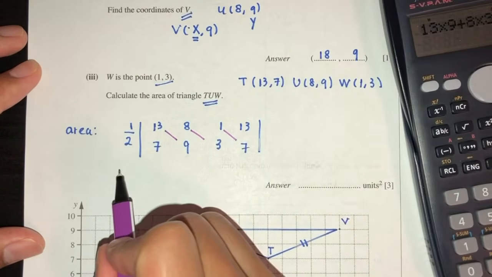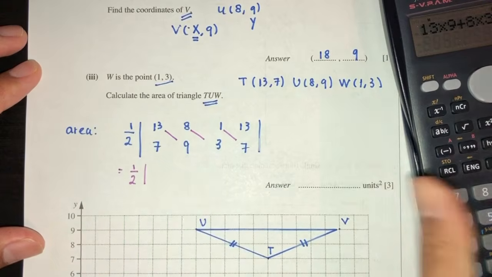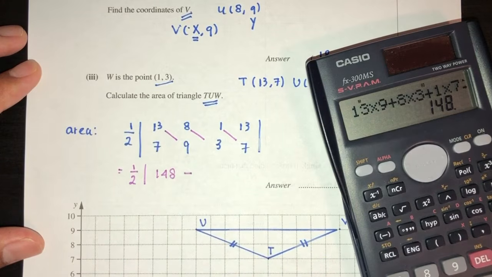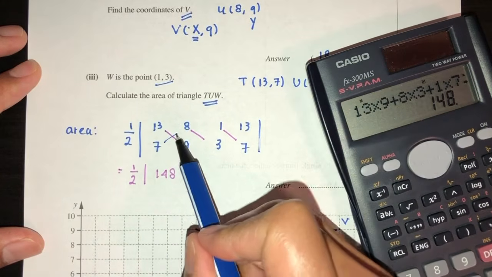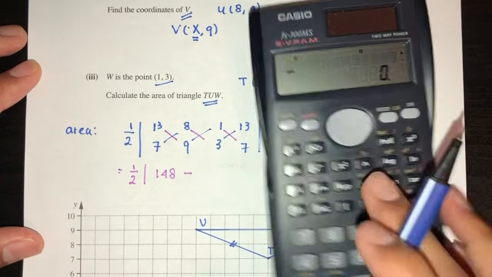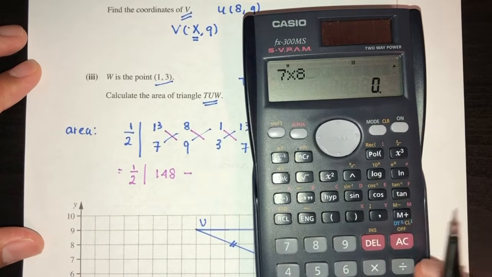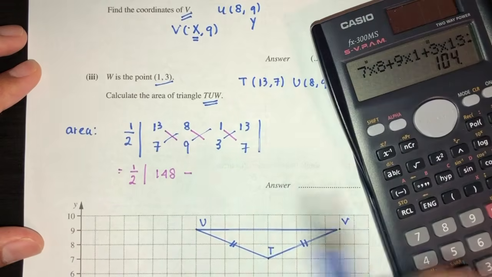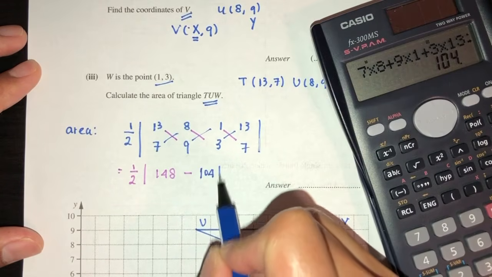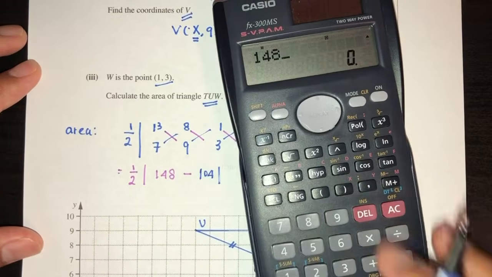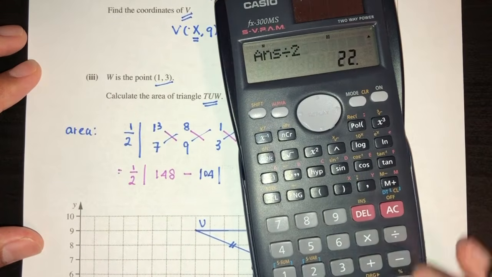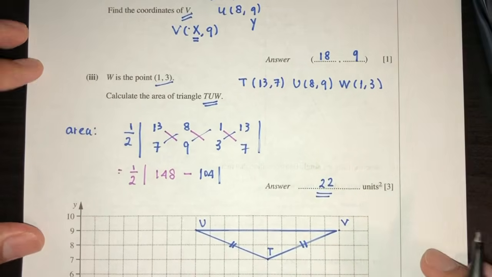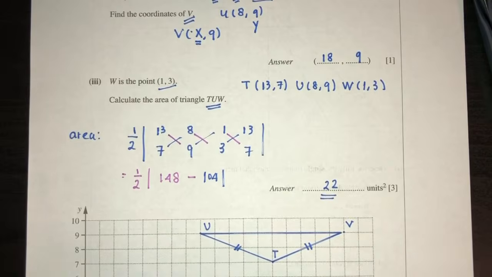The first one is 148. We have to subtract everything multiplying in the other direction: 7 times 8 plus 9 times 1 plus 3 times 13. That will be 104, sorry. So 148 minus 104, divided by 2, that will be 22. So the area will be 22 units squared. And that will be your question number 5.